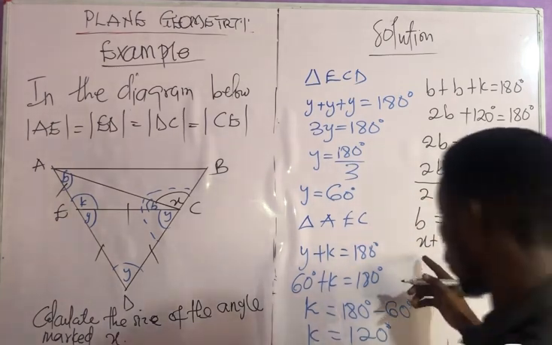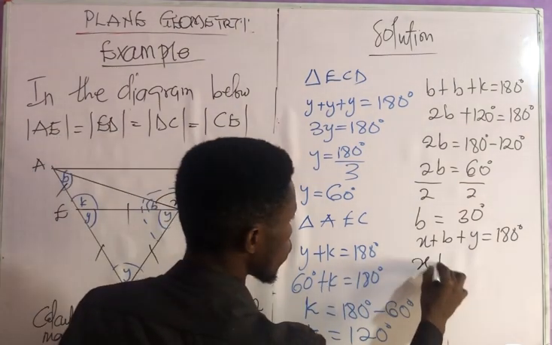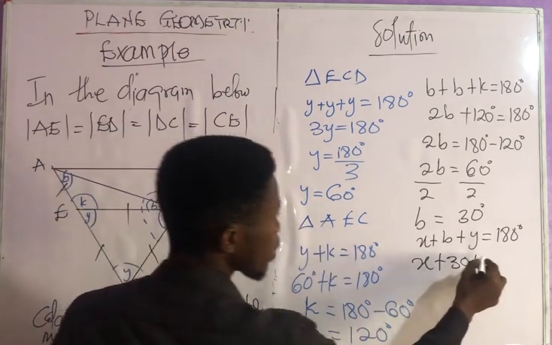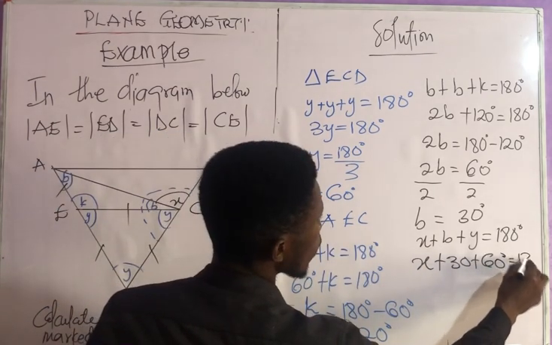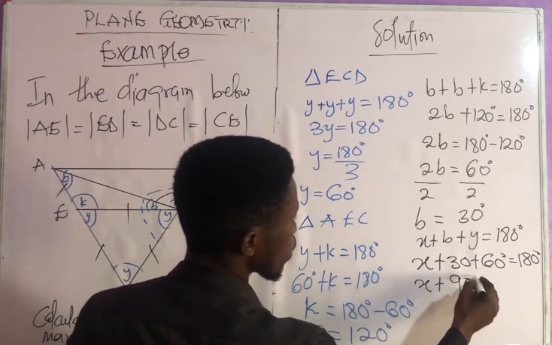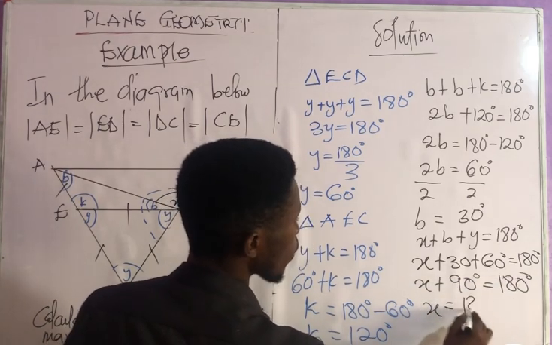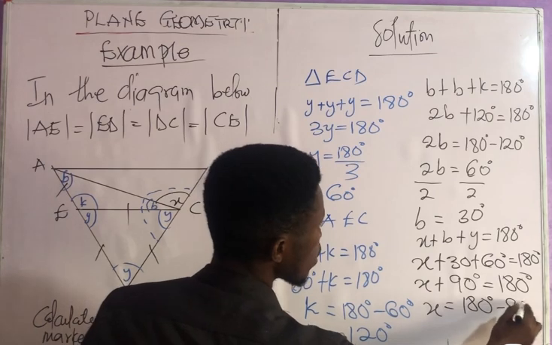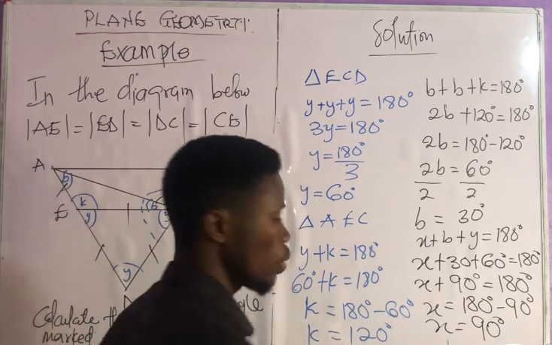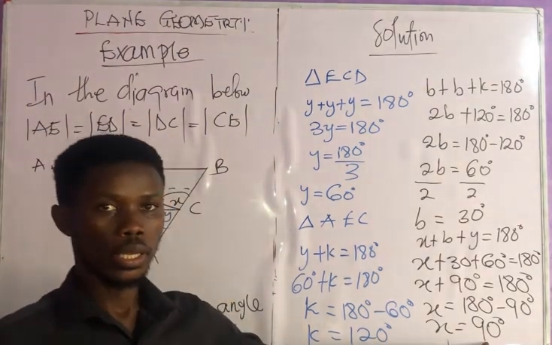So looking at this particular one, my x, you don't know, that's what I'm looking for. The B we had 30, and then Y we have 60, equals 180 degrees. So x plus 90, right? 30 plus 60 is 90, equals 180 degrees. So x equals 180 degrees minus 90 degrees. So x is equals to what? 90 degrees. Therefore, the value of x here is 90 degrees.